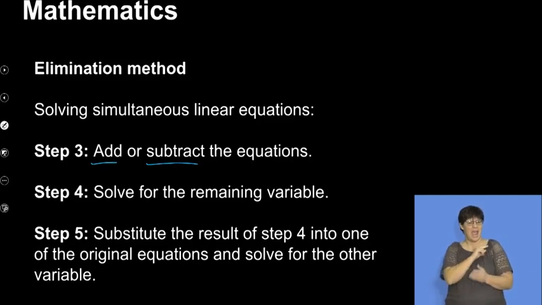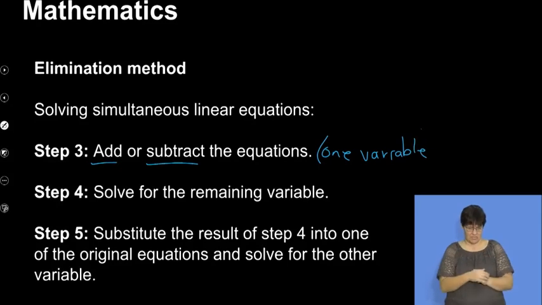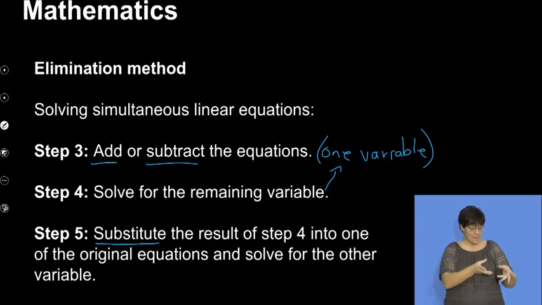Why do you do that? You want to remain with only one variable so that it is easy for you to solve. You solve the remaining variable, which is that one variable I've just spoken about. At the end, for you to find the other variable, you will substitute the result you got in step 4 into one of the original equations and then solve.